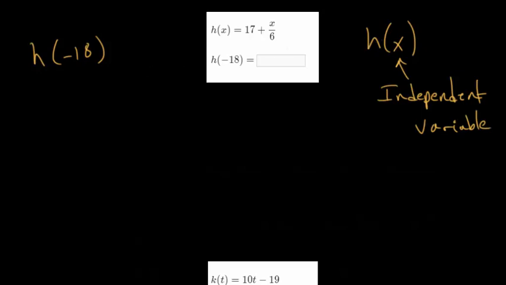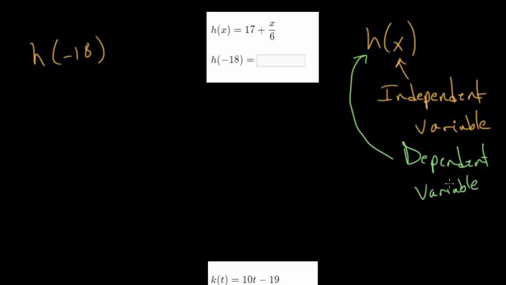And the function as a whole, h(x), or y in a lot of cases, is what we call the dependent variable. Its value is chosen for us depending on the independent variable that we chose.